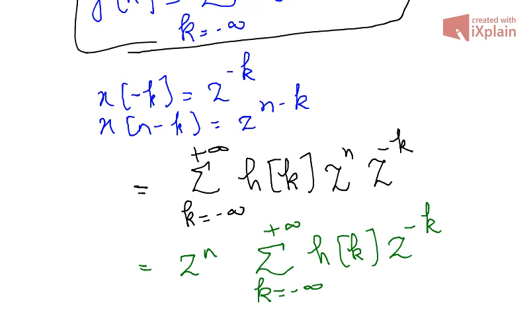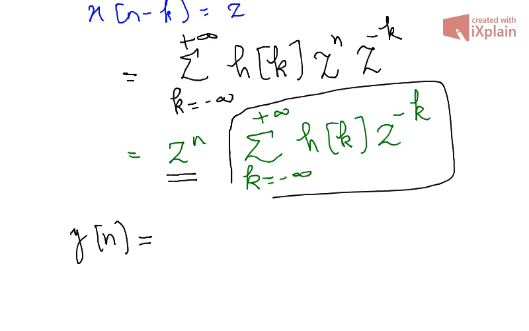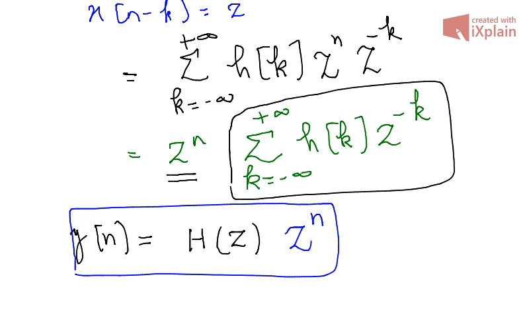Now we can see that your y of n is actually the same input times this constant, which can be written as H of z, times the input signal. So in your LTI system, once again, this is for the discrete signal.